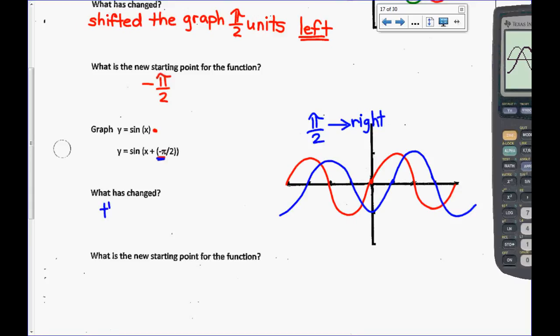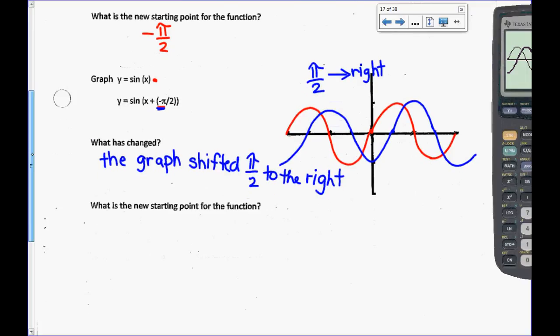Well, the graph has shifted pi over 2 to the right. And what's the new starting point for the function now? Well, my original starting point was here. Now it's shifted to here, right? It's shifted over to pi over 2.